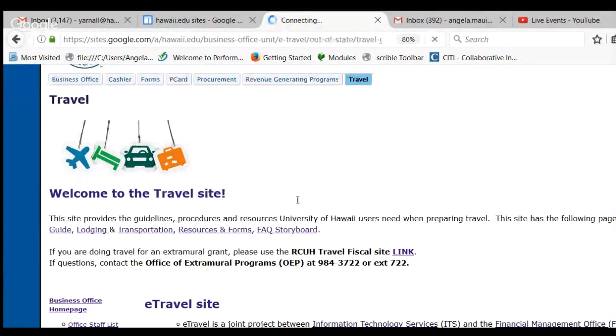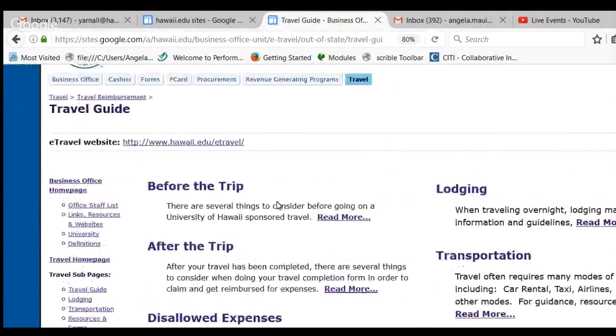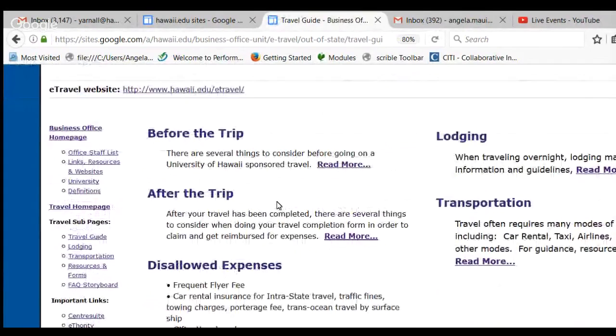Travel process guide. So you have to go for a 2-day meeting. Things to consider before going on a sponsored travel.